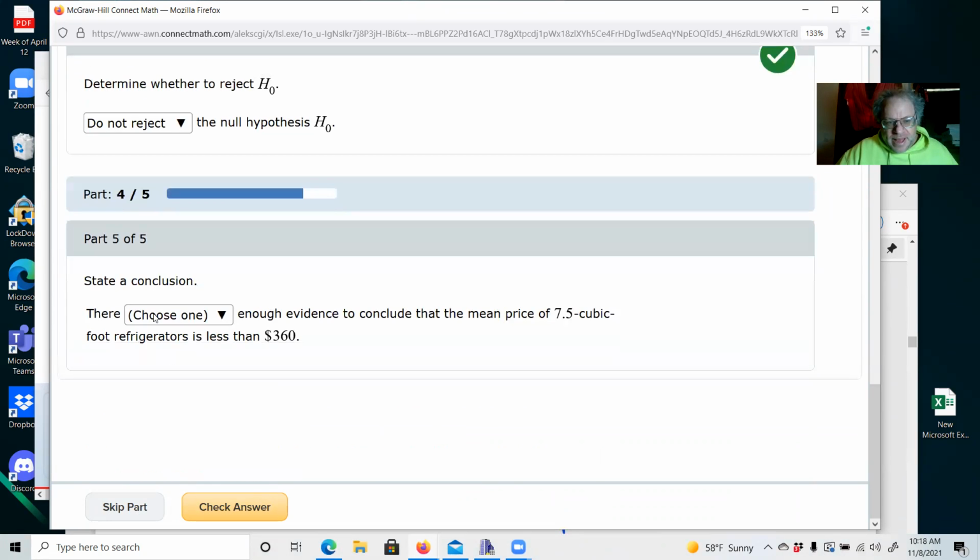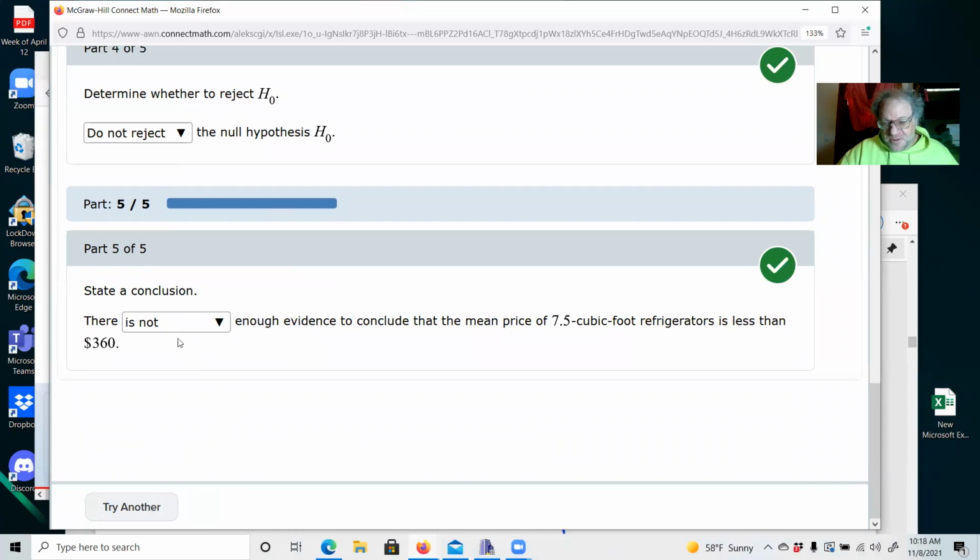All right, and there is not enough evidence to conclude the mean price is less than. See, I noticed that when I usually write these, it's a direct statement rather than there is not enough evidence to conclude the price is less than. That's technically the way you want to write it, but it's also confusing to read.